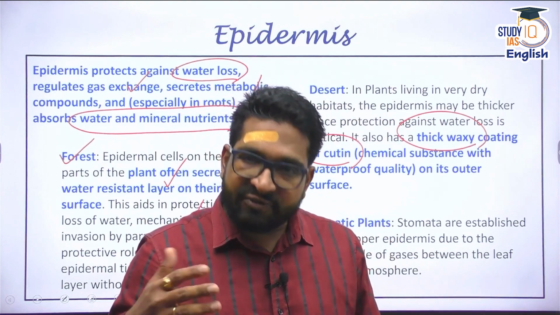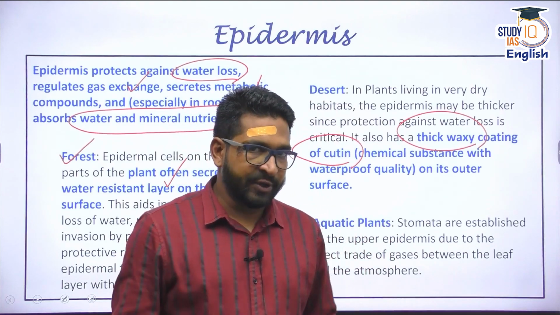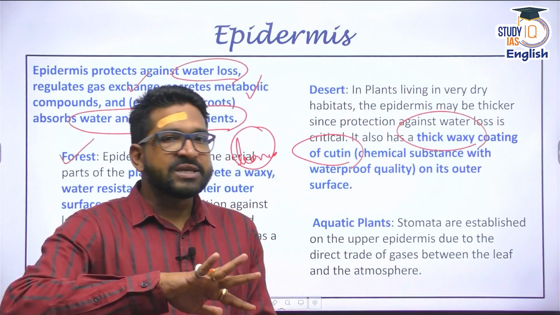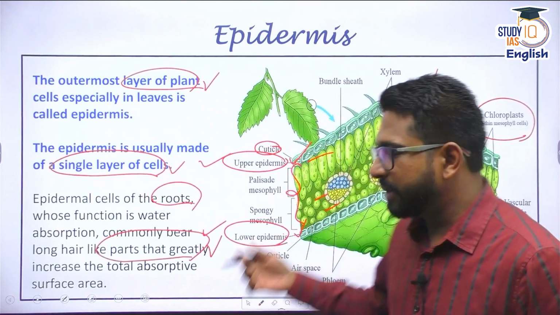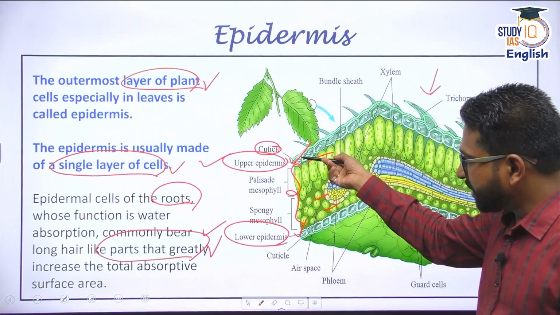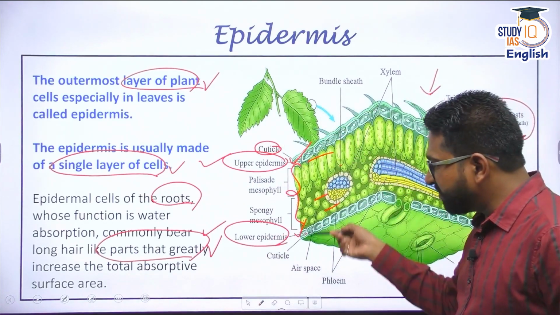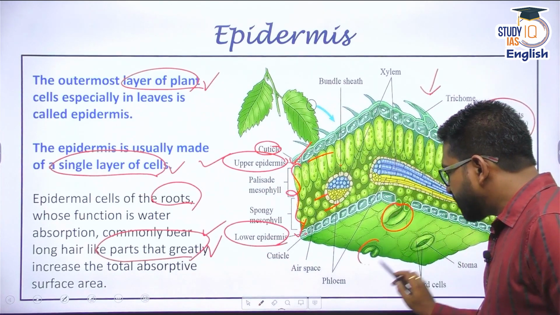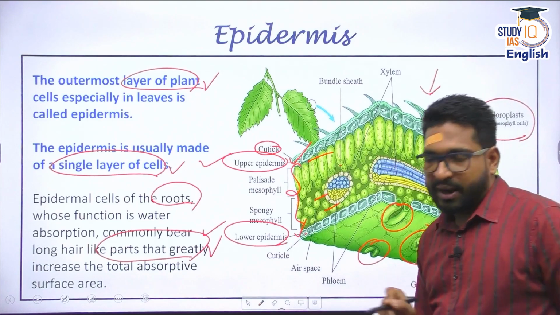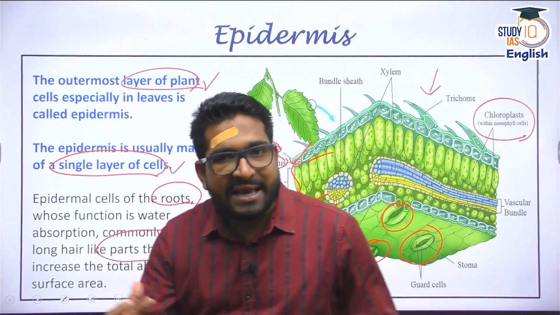In many aquatic plants, or hydrophytes, as we call them, we find a different development in the epidermis. Now, when we look at the epidermis, this is the upper epidermal layer and lower epidermal layer. In between, you can find mesophyll cells, and below that you will find stomata or stoma. Now, this helps in gas exchange.